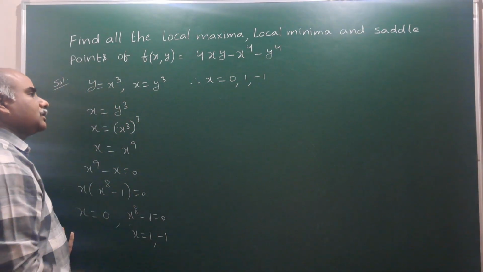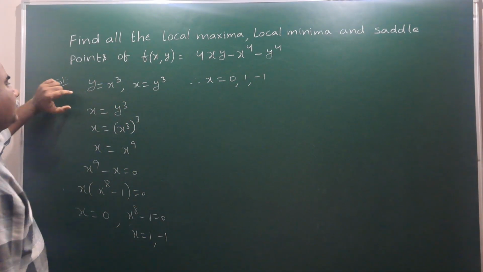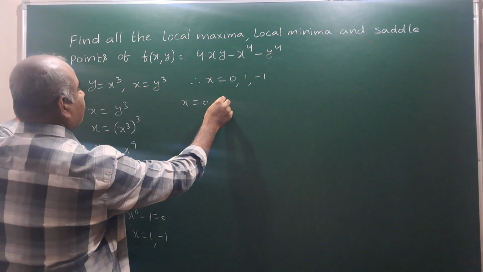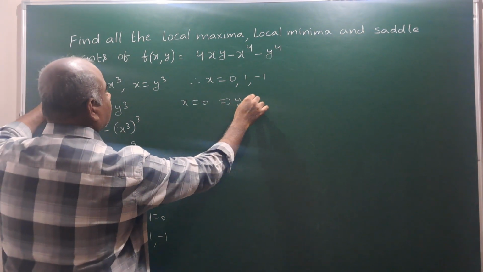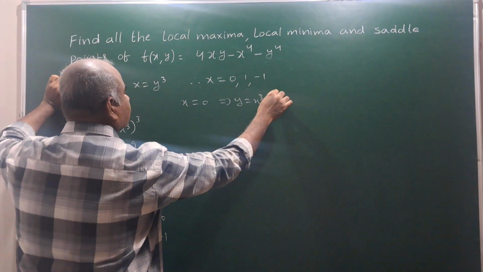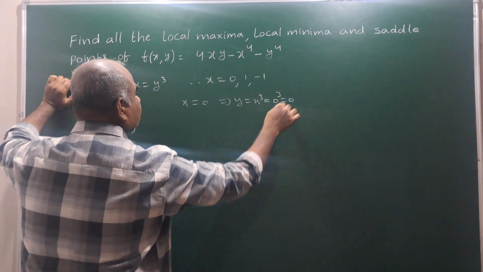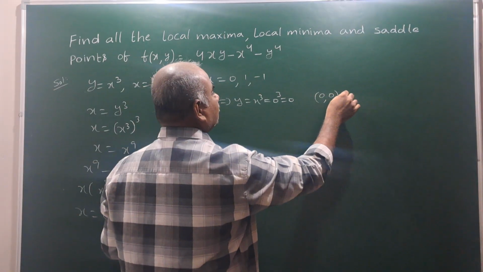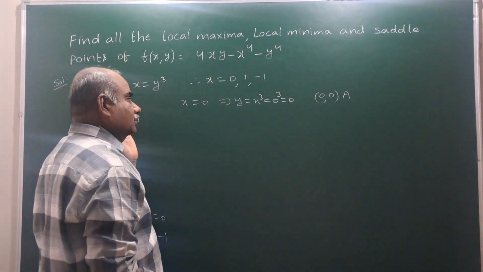For these values, we have to find the values of y. Here y = x³. If x = 0, then y = 0³, which is also 0. So the first critical point is 0 comma 0.